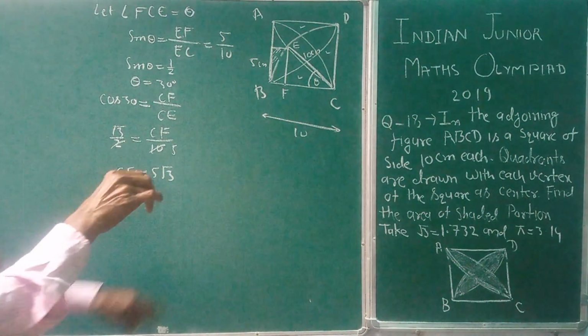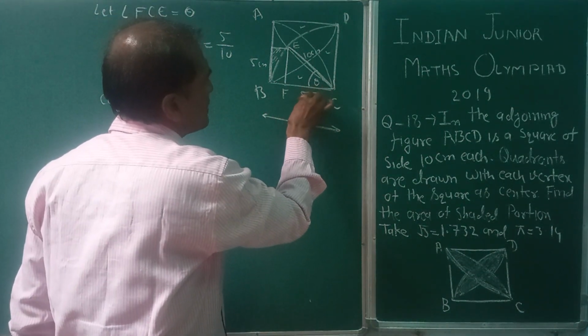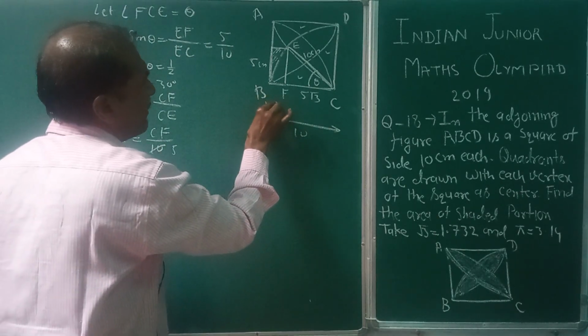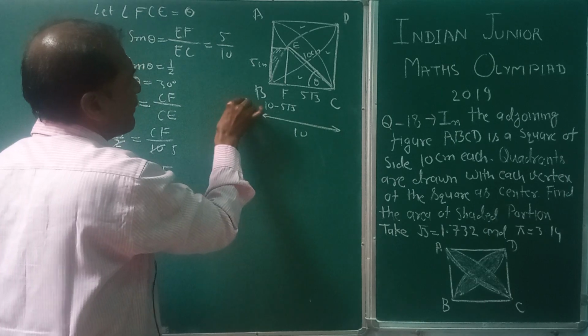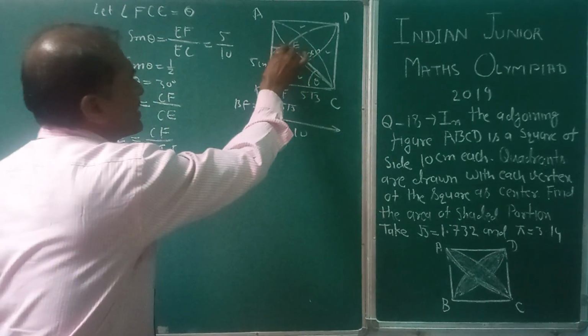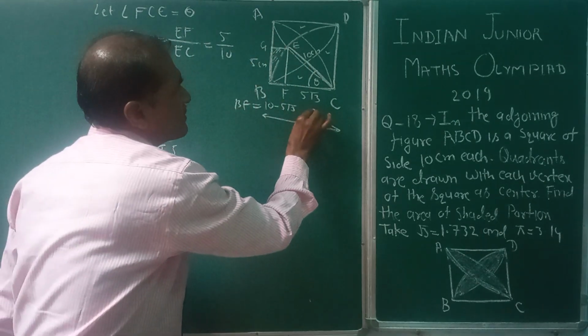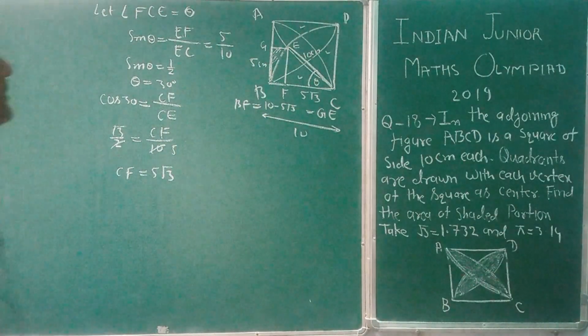Now CF is calculated, this is 5 root 3. So this balance length BF will be 10 minus 5 root 3, and BF will be the same as EG. These two lengths will be equal in length.